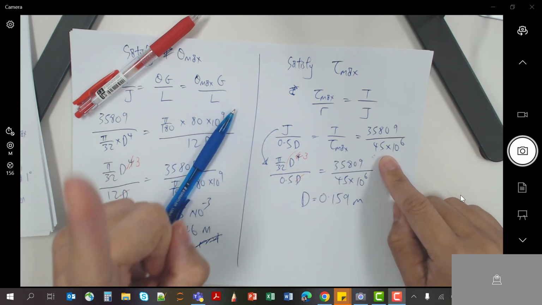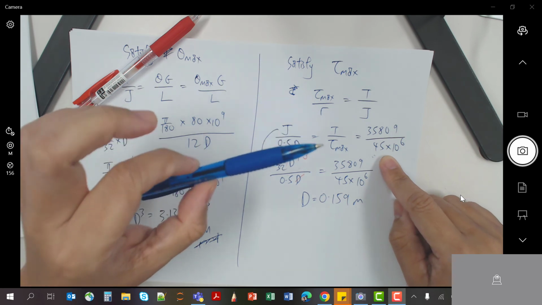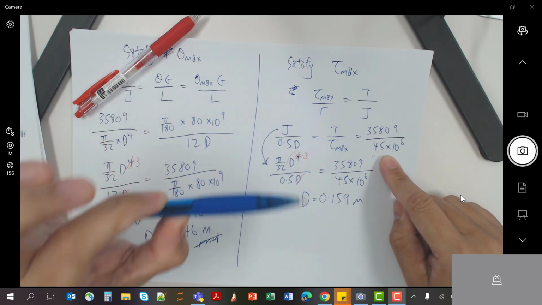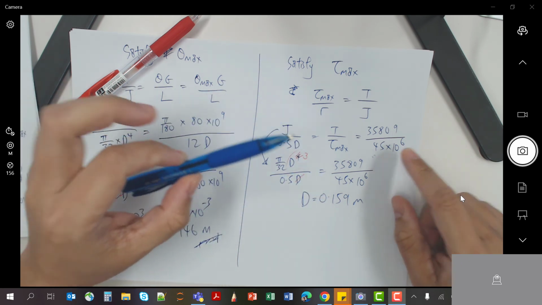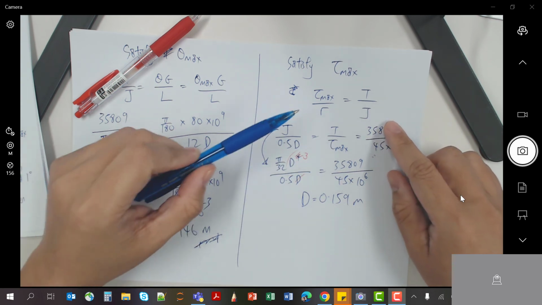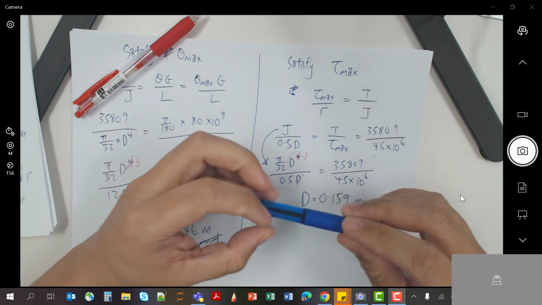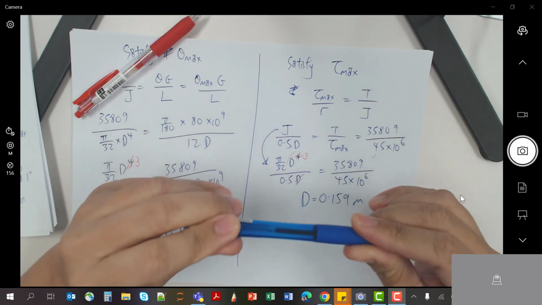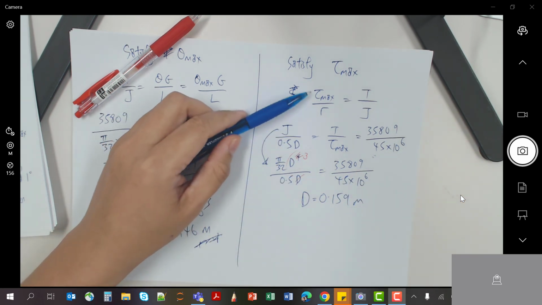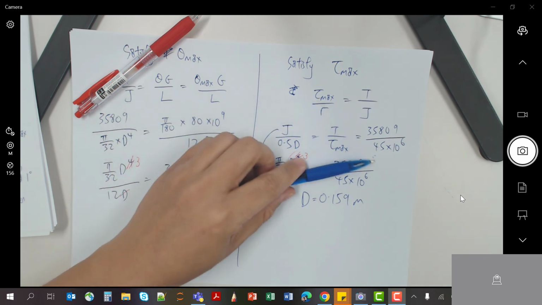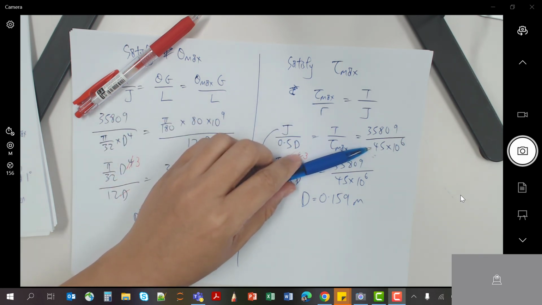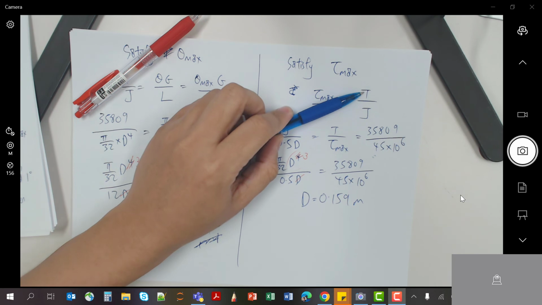But if my diameter goes smaller, with this torque, my shear stress will be more than 45, because the thinner your rod, the higher your shear stress, and you will go above 45 already, because your torque is this much.